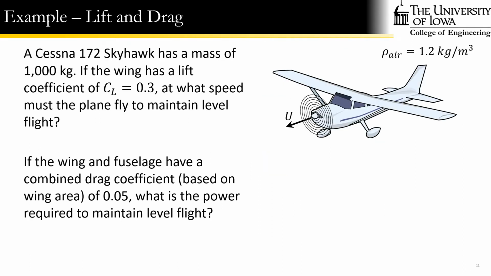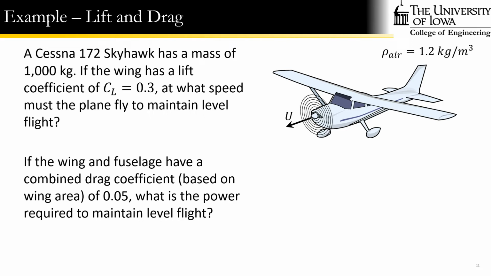This is one that I've used periodically. Similar problems to this have shown up on a couple of exams in the past, and a couple of in-class activities. This is a Cessna 172 Skyhawk. I think it's the best-selling plane in all of history.